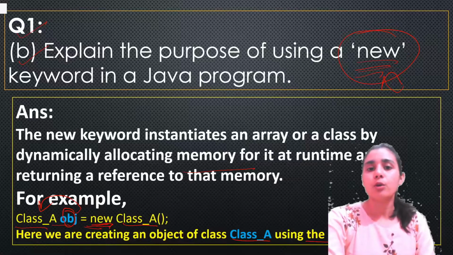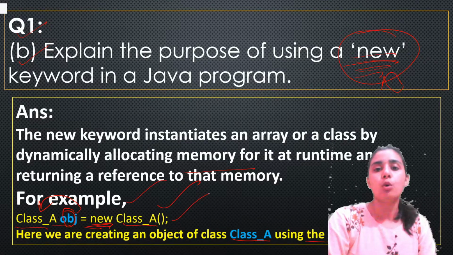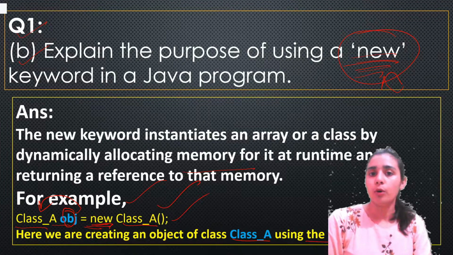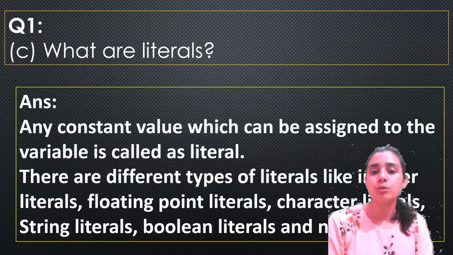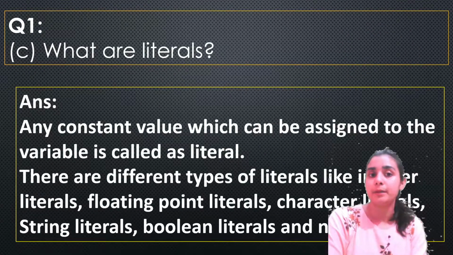If you find such a question asking what you mean by new, it will be good if you explain it with an example, and that will be more impactful. Try to give examples and try to make a diagram if there is any possibility.